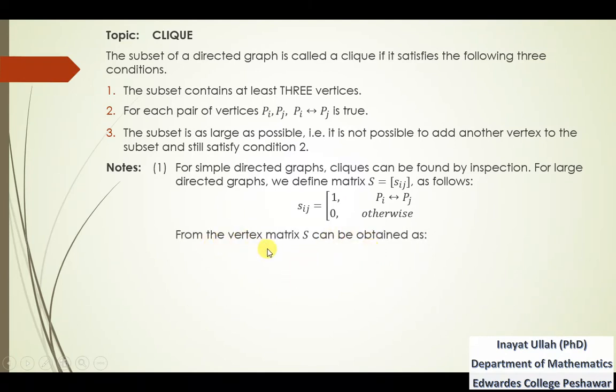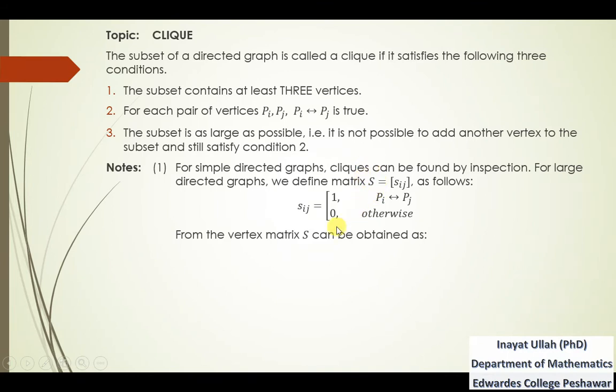From the vertex matrix, S can be obtained. The vertex matrix is denoted by M from the previous slides, and this matrix S is different from that vertex matrix.